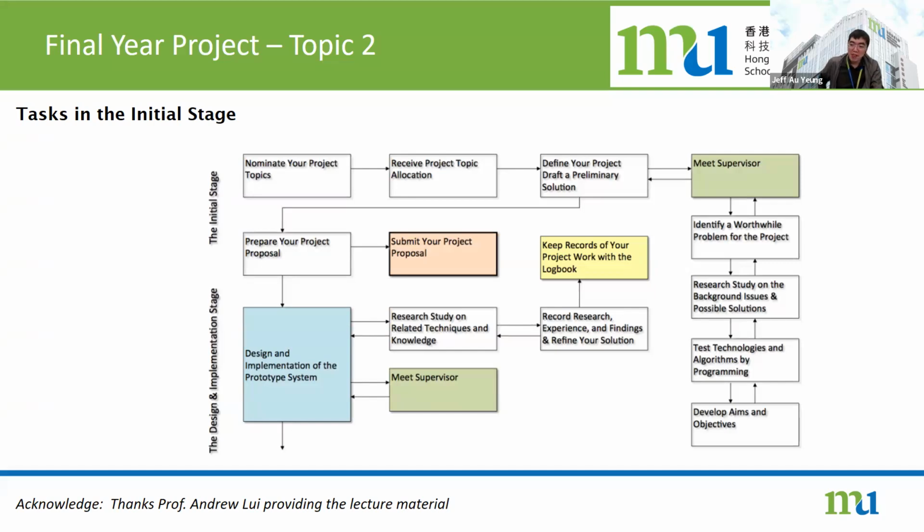Once you finish your proposal, you don't need to wait for our feedback. We may need some time to grade it, but you can continue on to design and implementation. There's no point for us to stop, so once you finish your proposal, you have to go forward. You cannot wait, because if you wait, it will delay your whole FYP process.